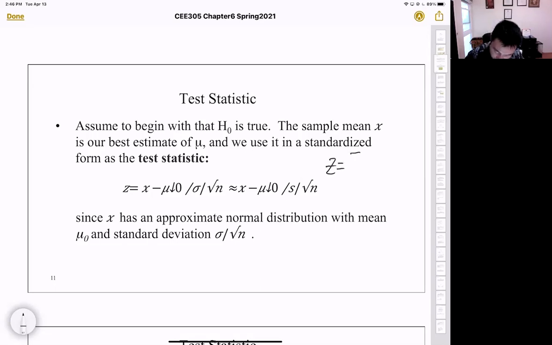The z-value will be the sample mean minus mu 0, where mu 0 is the value we want to check, such as $35,000 in the previous case, divided by sigma over square root of n. If we do not know the sigma, we can use sample standard deviation, S.